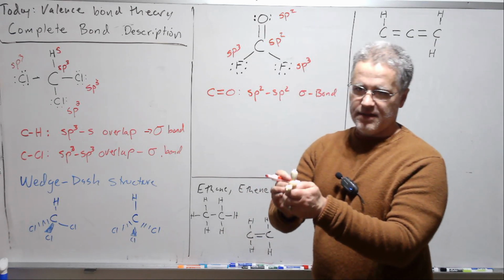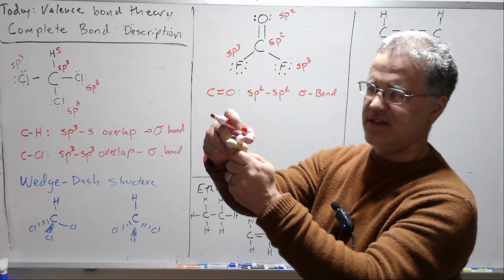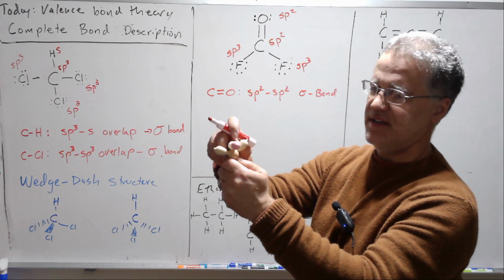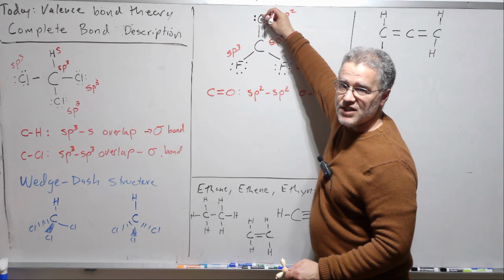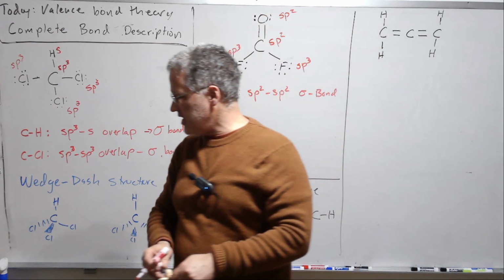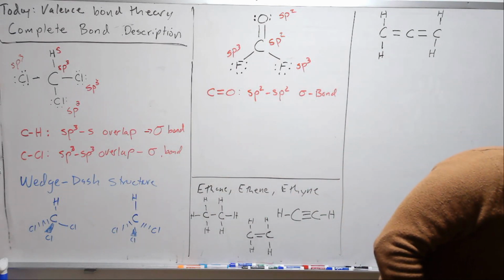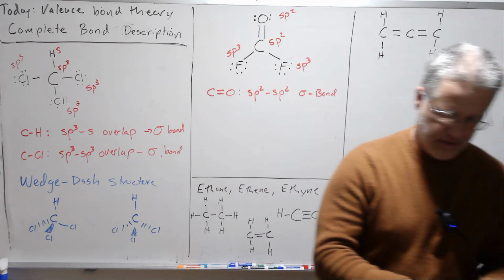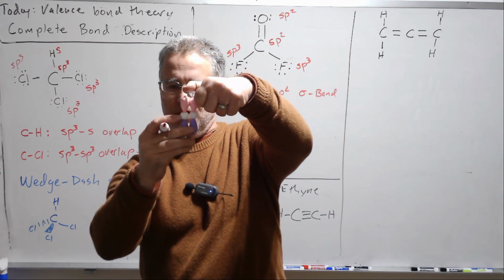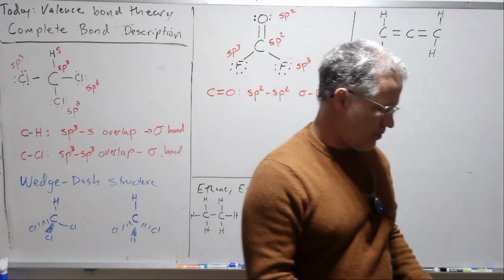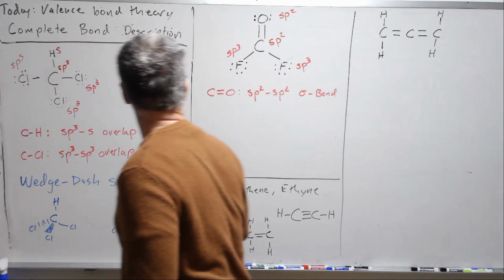But there is also the p orbital sticking out of both the carbon and the oxygen. So we have two adjacent p orbitals, and they'll overlap pink to pink and purple to purple, or plus plus, minus minus.